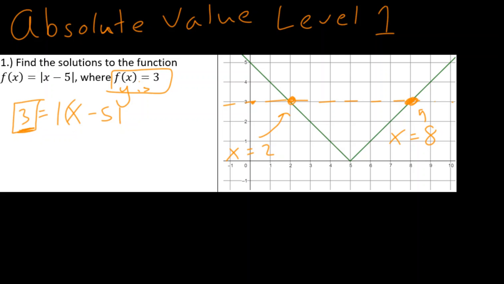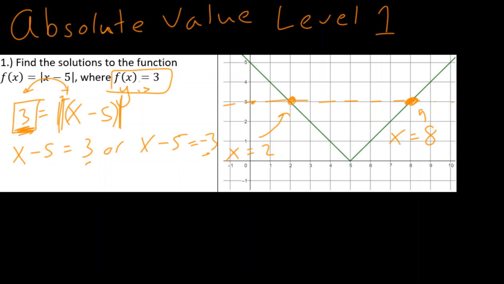Well, we don't know if what is inside in here is either positive or negative, and essentially that gets applied over to there. So we say that x minus 5 could equal positive 3, or x minus 5 could equal negative 3. We don't really know which it is, but we know that these absolute value bars turn a positive 3 into a positive 3, and these absolute value bars turn a negative 3 into a positive 3. And so we actually have to solve this for both accounts.